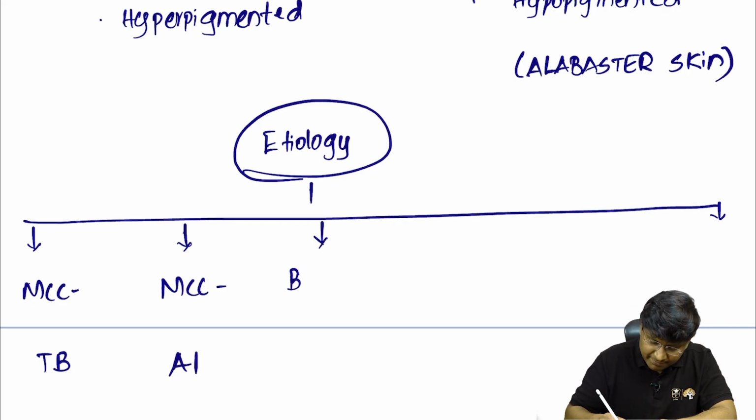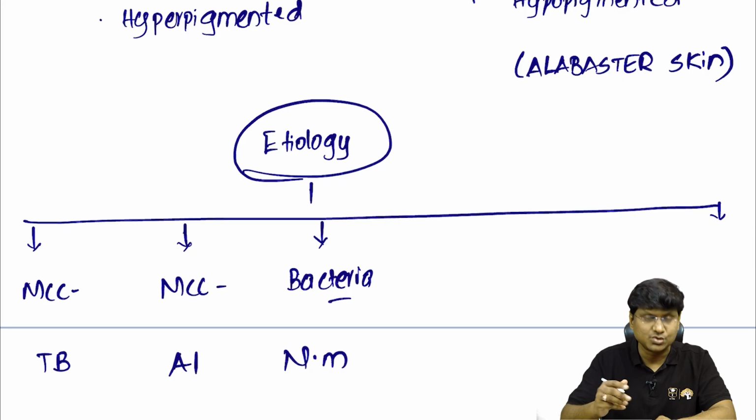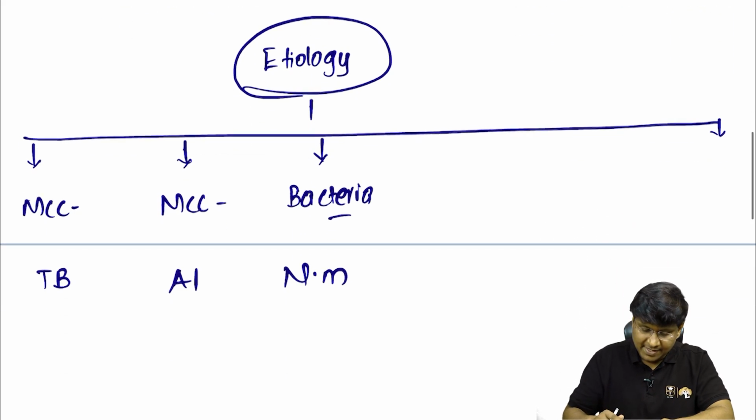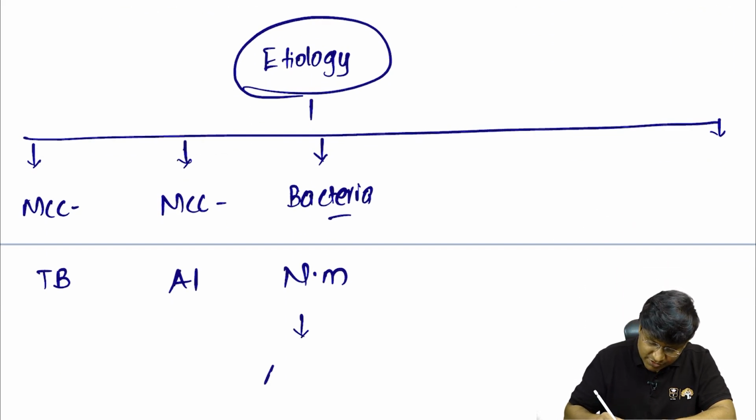The other important bacteria causing Addison's apart from tuberculosis will be Neisseria meningitidis, which is nothing but meningococci, and this will cause the acute adrenal insufficiency called Waterhouse-Friderichsen syndrome.